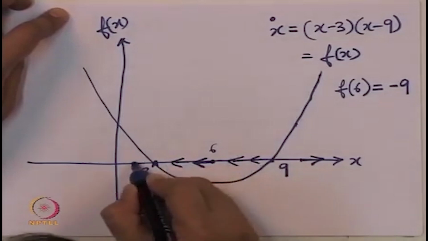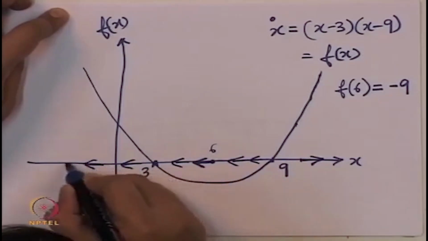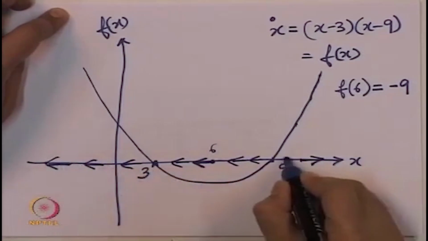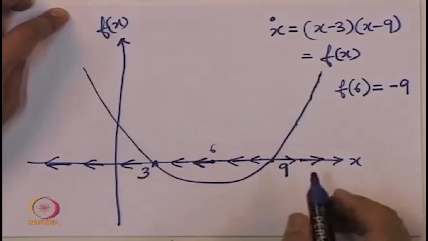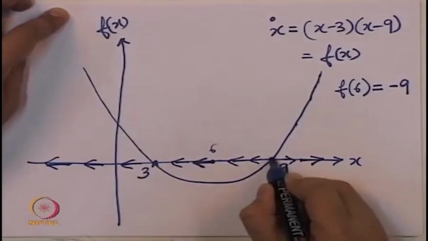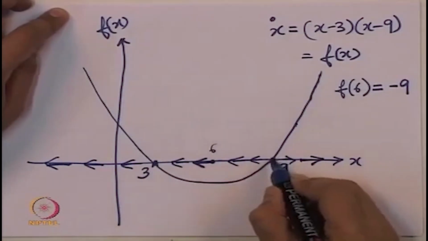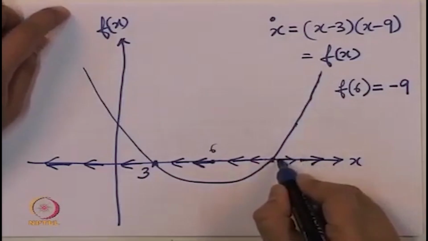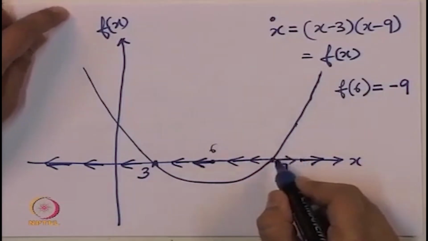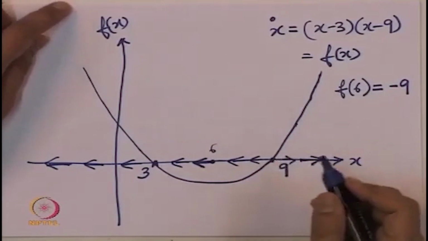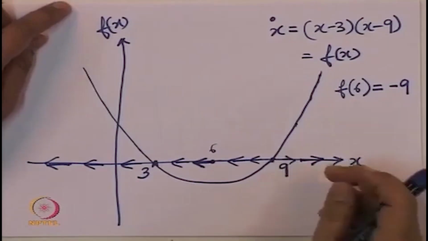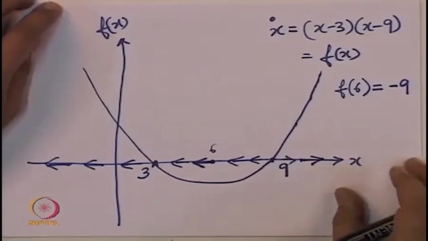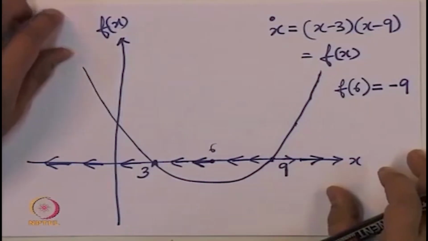So, we are able to draw all the arrows for this particular example. All we have to do is see where the equilibrium points are, and to the left and the right of the equilibrium points, we can draw the arrows towards increasing direction of x or decreasing direction of x, depending on whether f takes positive values there or negative values.